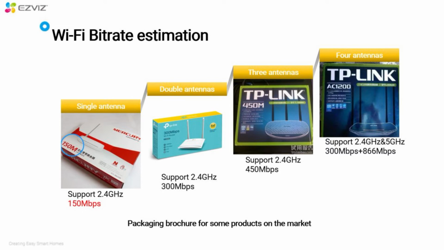And the third one is we also can see the 3 antennas and 4 antennas. So the difference between these two routers is the 4 antennas router supports both 2.4 and 5 GHz, and it has a higher speed on the 5 GHz.